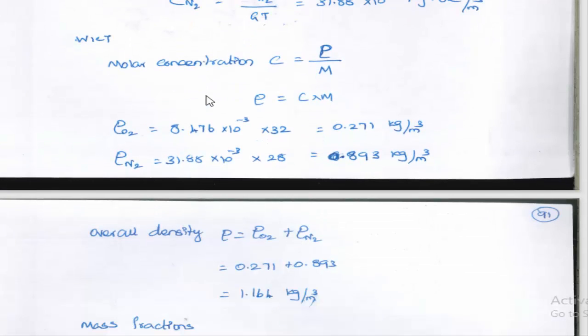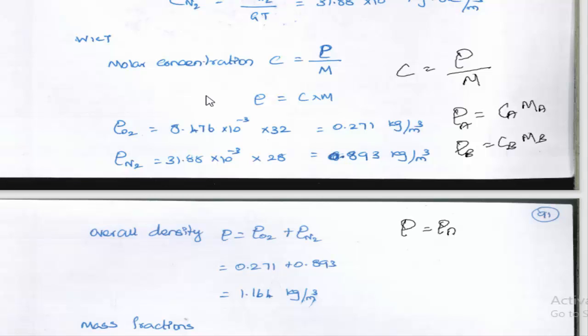Similarly, you know that molar concentration C equals rho divided by molecular weight. From this you can find out rho A equals Ca into Ma, rho B equals Cb into Mb, and you can find out rho equals rho A plus rho B, right? So with these formulas you can find out rho of O2, rho of N2 and the total mass density, right?